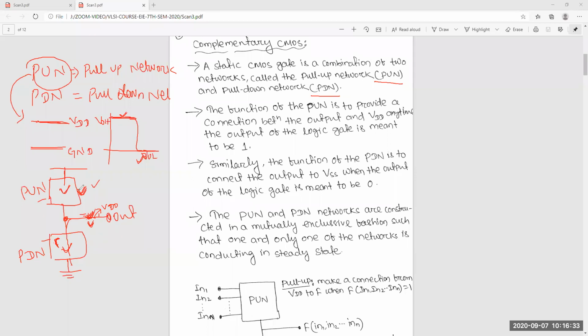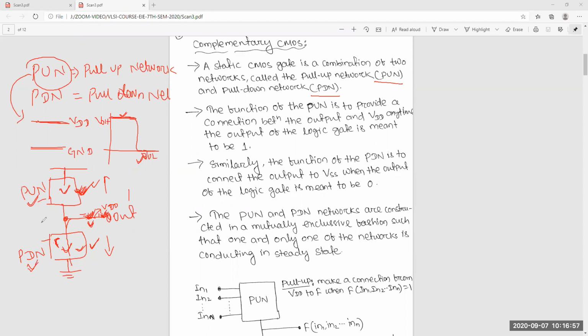That's why we say this is the pull up network and this is the pull down network: these devices make the node 0, and those devices make the node VDD.